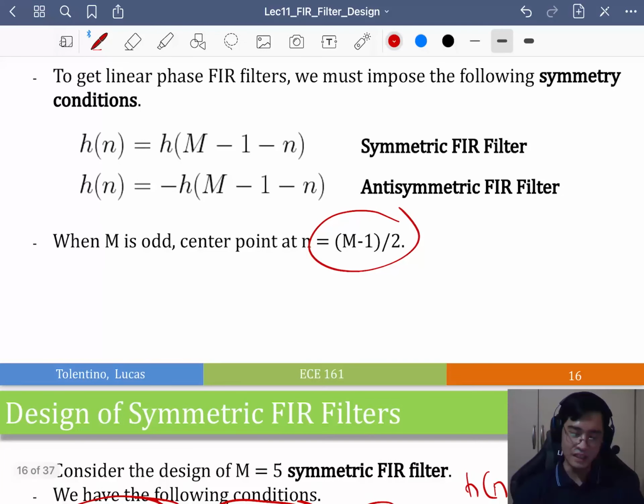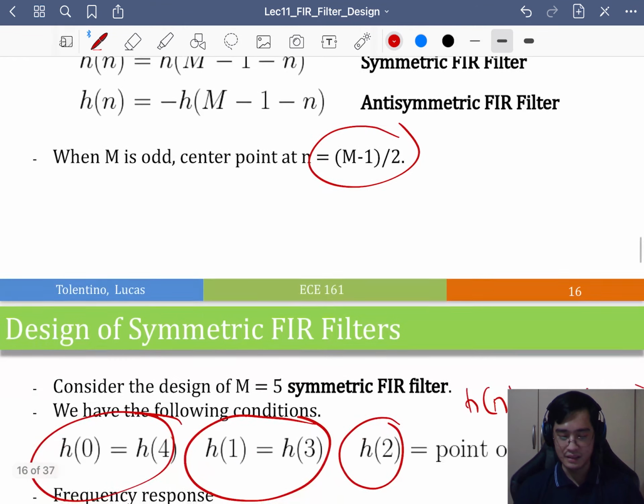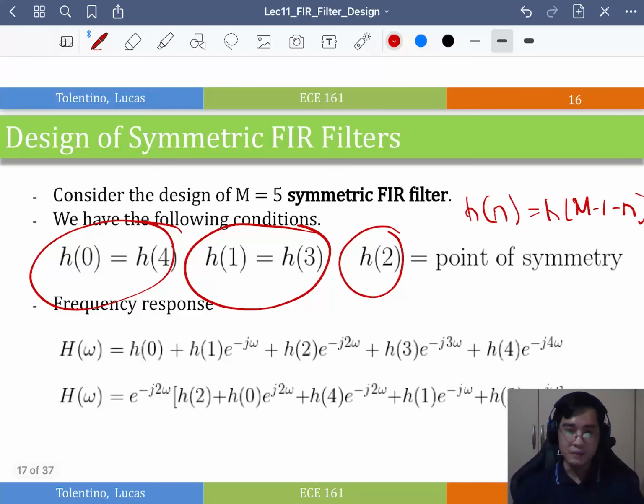Because M is odd, we have a center point, wherein h of 2 doesn't have a pair. It is single. Basically, we have this if M is odd.